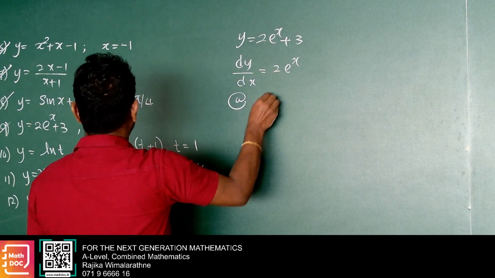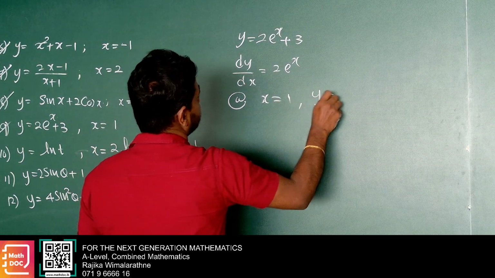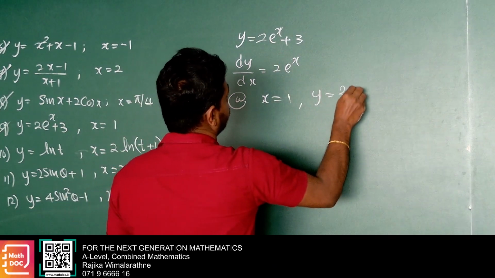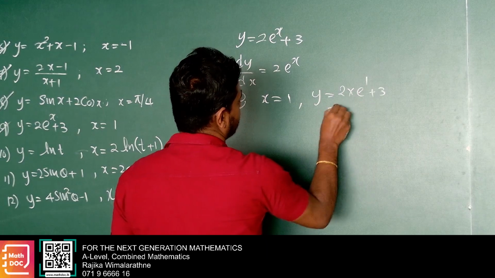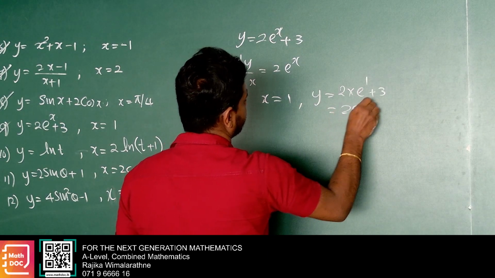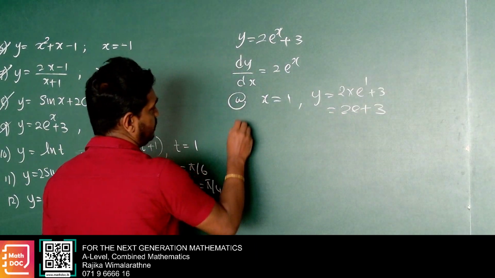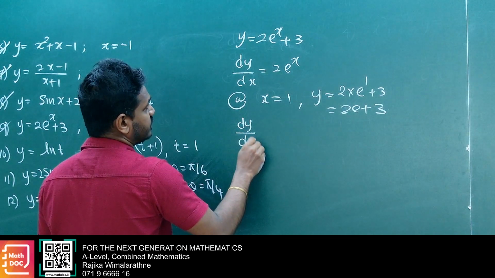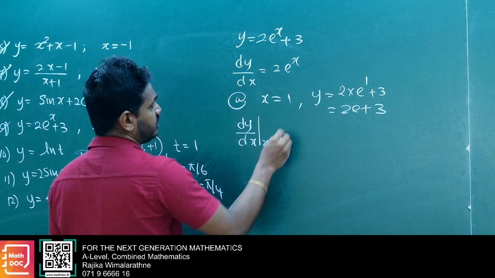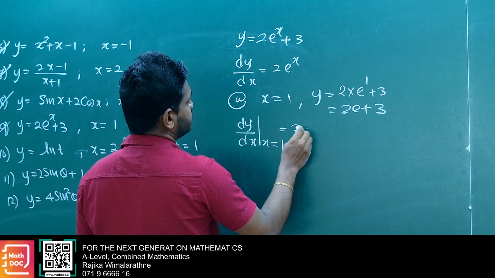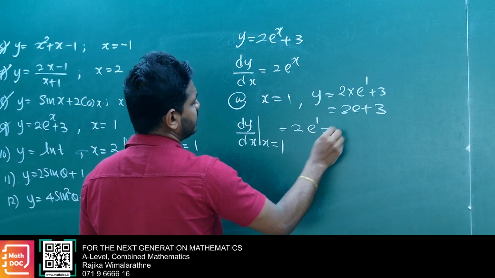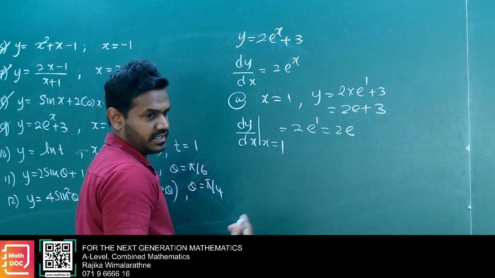Then at x equals 1, find the y value by substituting: 2 times e to the power 1 plus 3, that is 2e plus 3. Then dy by dx at x equals 1 is 2 times e to the power 1, that is 2e. E to the power 1 means e.